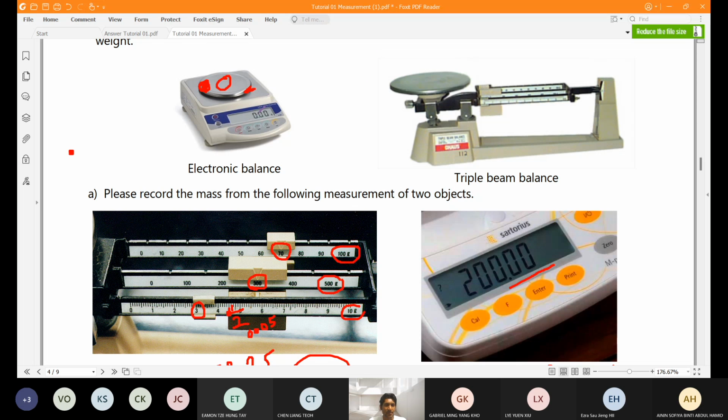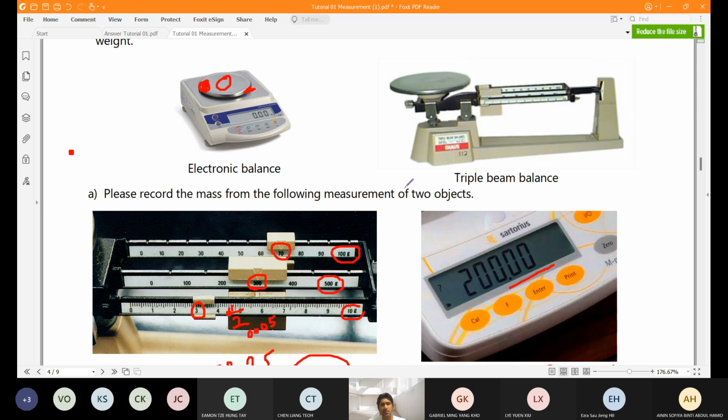So there will be a random error in this thing. Systematic error, yes, if you do not do the calibration properly, so there will be systematic error for both cases, but mostly it will be random error, because the electricity may fluctuate beyond our control, or the air pressure may drop or increase beyond our control. So that is the random error.